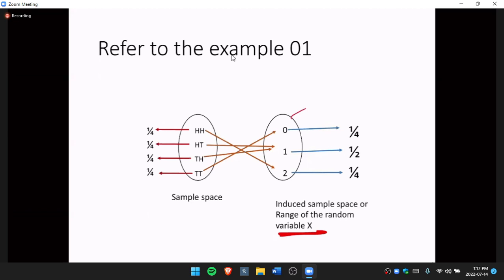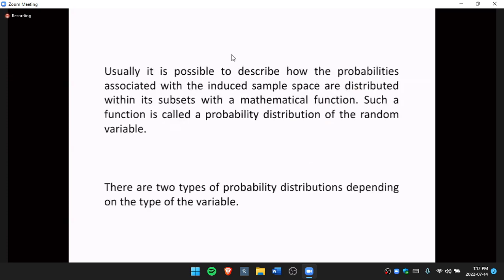So it's a discrete random variable, right? There are no values between 0 and 1, or 1 and 2. Therefore, this is a discrete random variable. That means we have discussed an example with a discrete random variable.